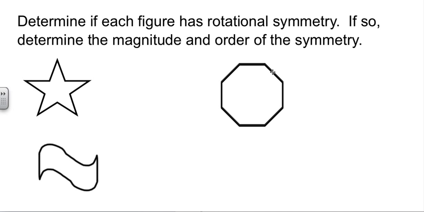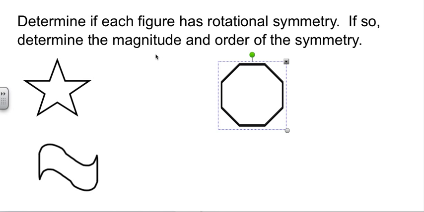Okay. Let's try the octagon out. Oh, there's a good one. That's 1, 2, 3, 4, 5, 6, 7, and now I'm back around, 8.